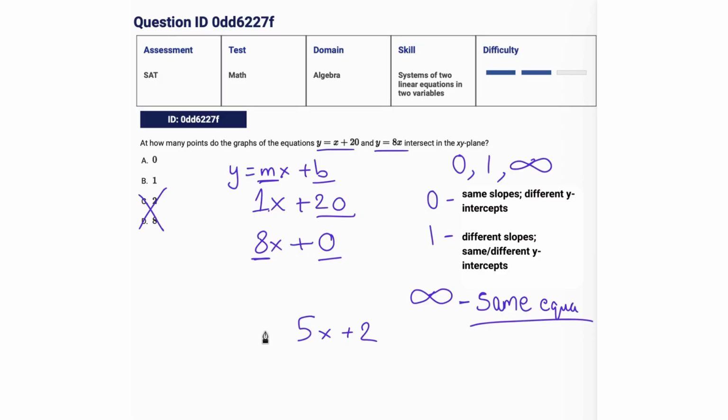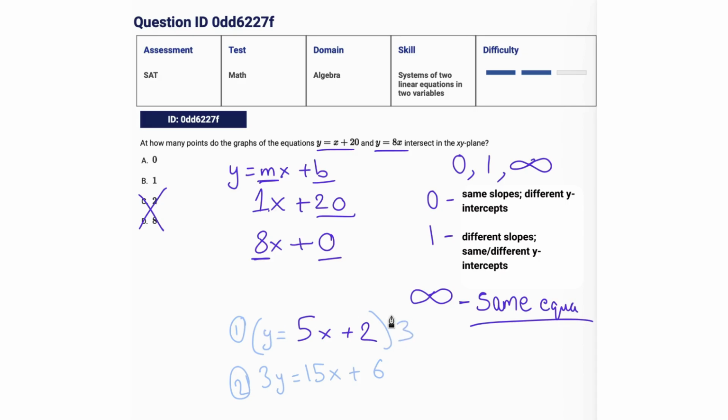hold on, because there's a catch here. For example, 3y equals 15x plus 6. So did you see what I did there? I multiplied 3 to everything here.